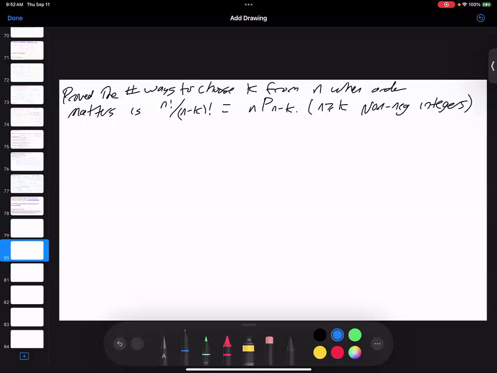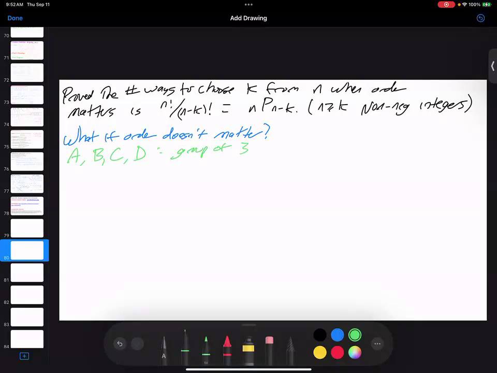What if order doesn't matter? Maybe we're forming representatives, or maybe we're just putting people on a committee. Well, let's take 4 people, say Alan, Barbara, Charlie, and Dan, and we'll just call it A, B, C, D. And we want to do a group of 3.